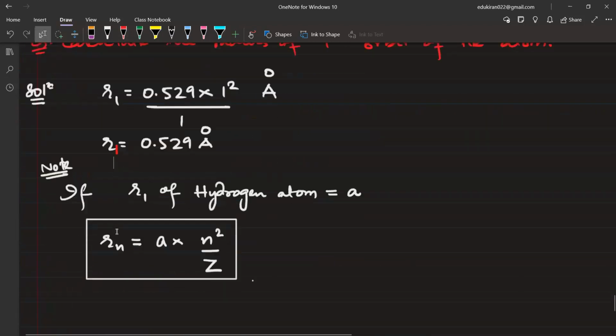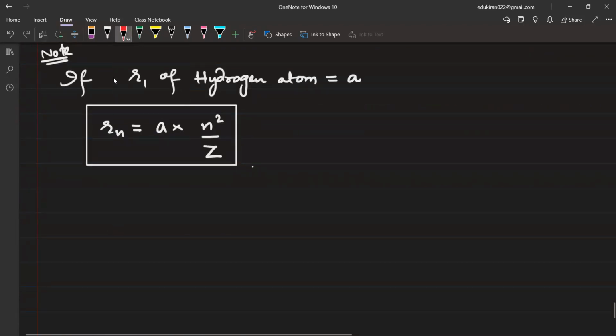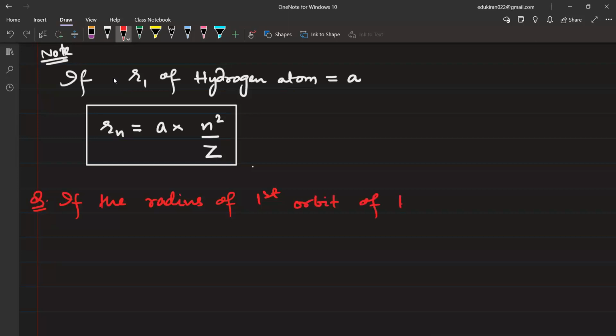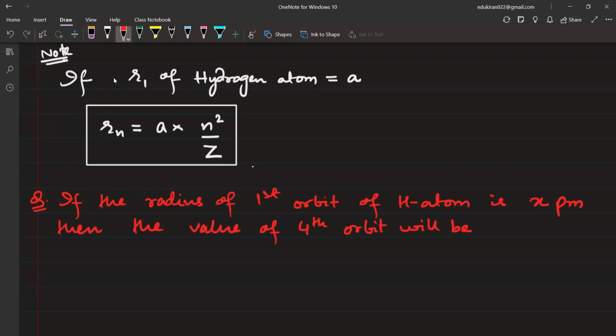एक सवाल करिए. If the radius of first orbit of hydrogen atom is x pm, x picometer, then the value of fourth orbit will be, you have some options.